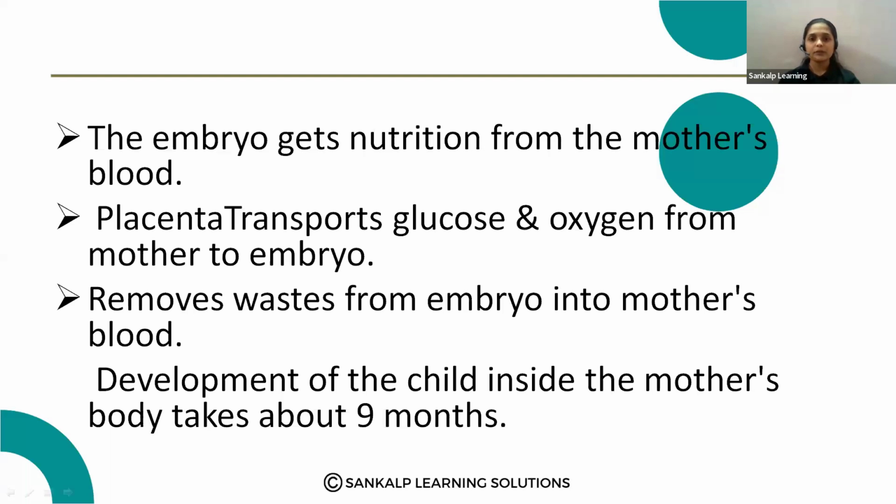If the embryo needs glucose or oxygen, it is transported from the mother to the embryo, and it also helps remove waste from the embryo into the mother's blood. So like this, the development and nourishment of the embryo takes place inside the mother's body.